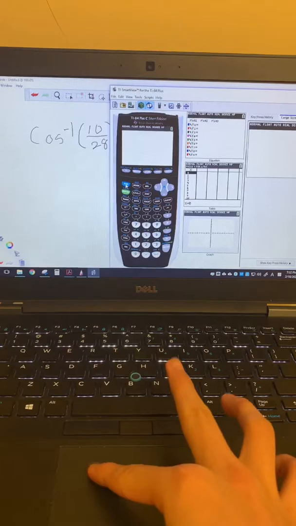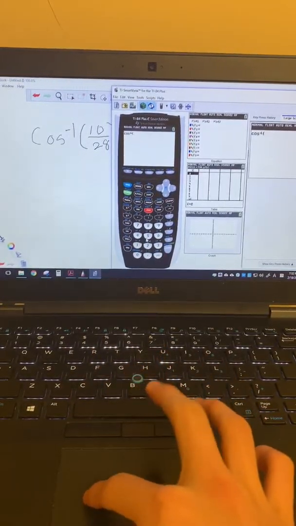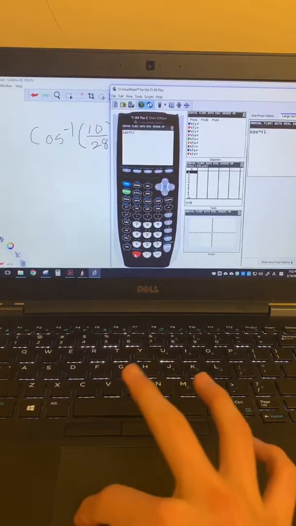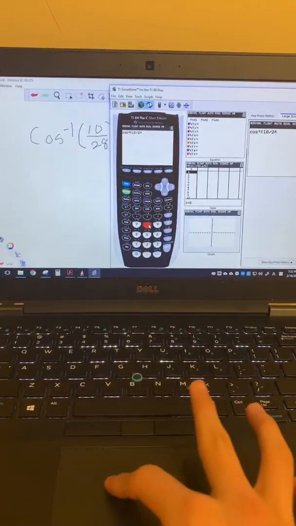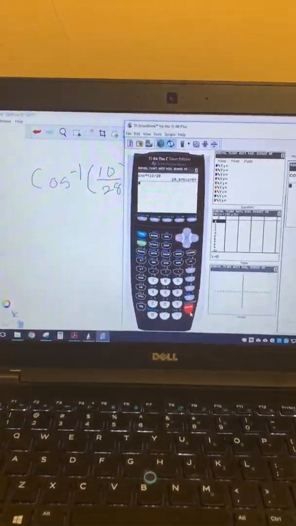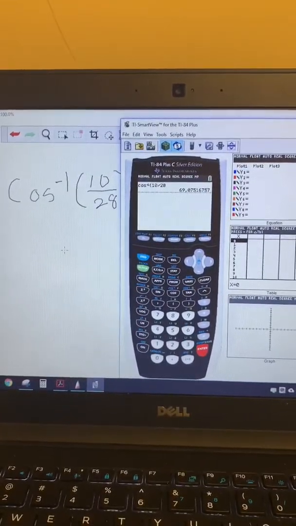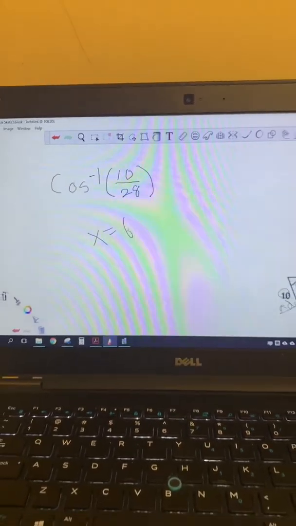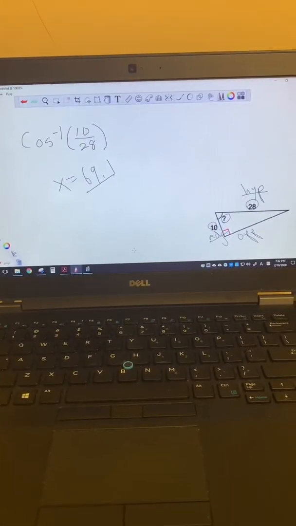If you want to use inverse, just click second, cosine, inverse, and then plug it in. 10 over 28. That gives us 69.1 if we round to the nearest tenth. So x equals 69.1. The missing angle is 69.1.